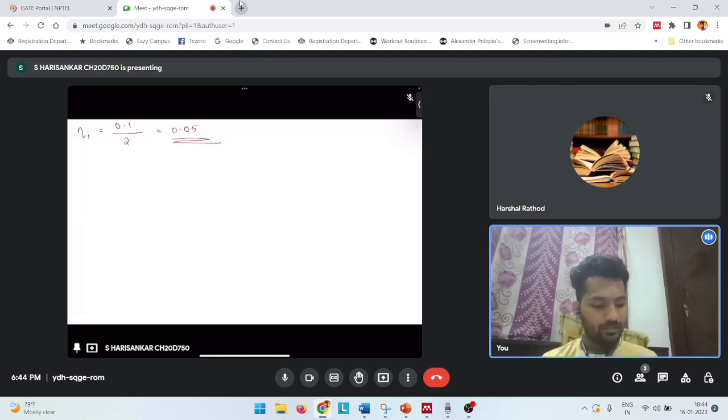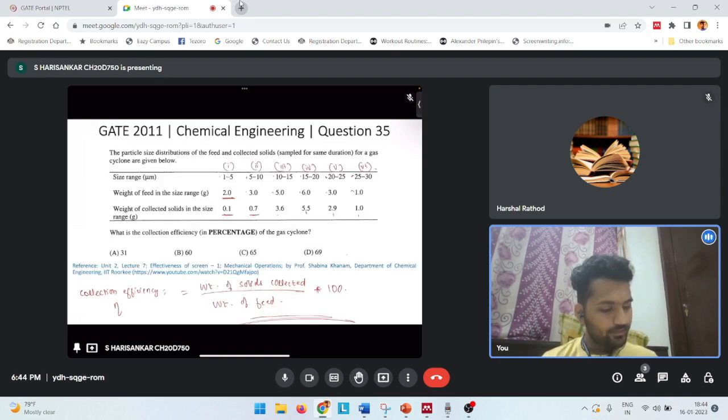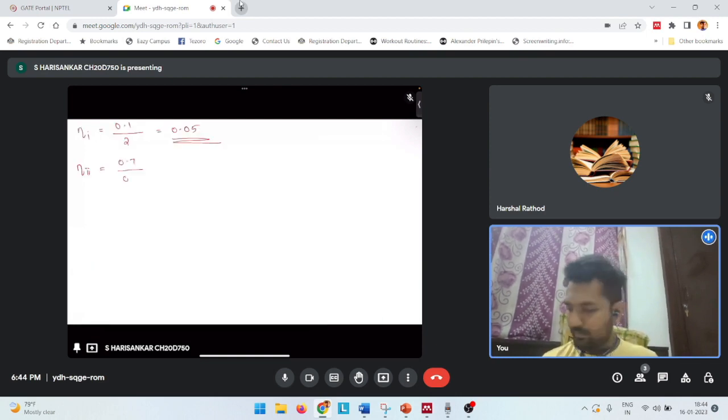Now similarly, we can write efficiency in the size range 2 as 0.7 divided by 3, and this will be equal to approximately 0.233.